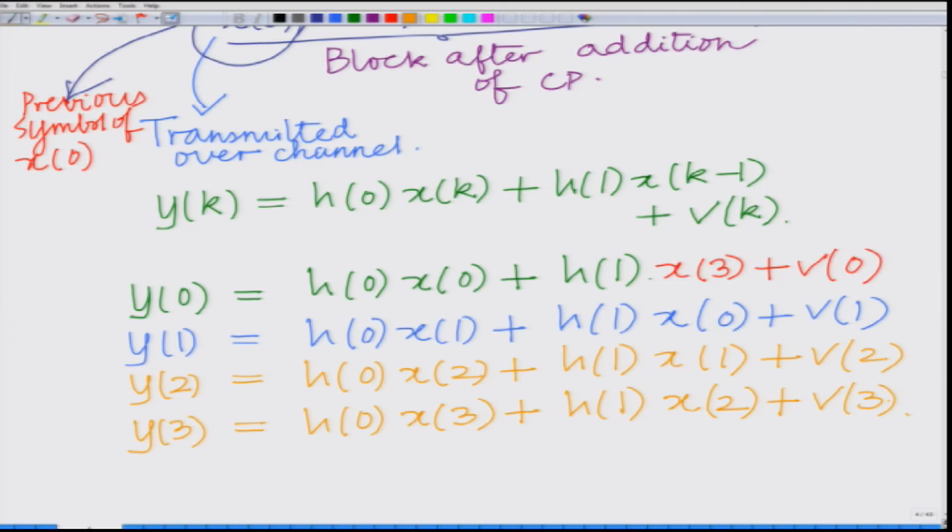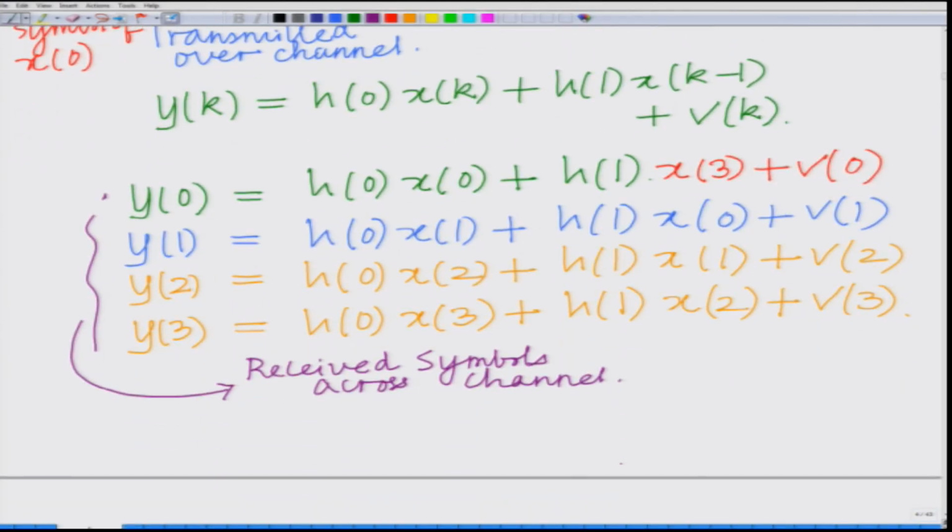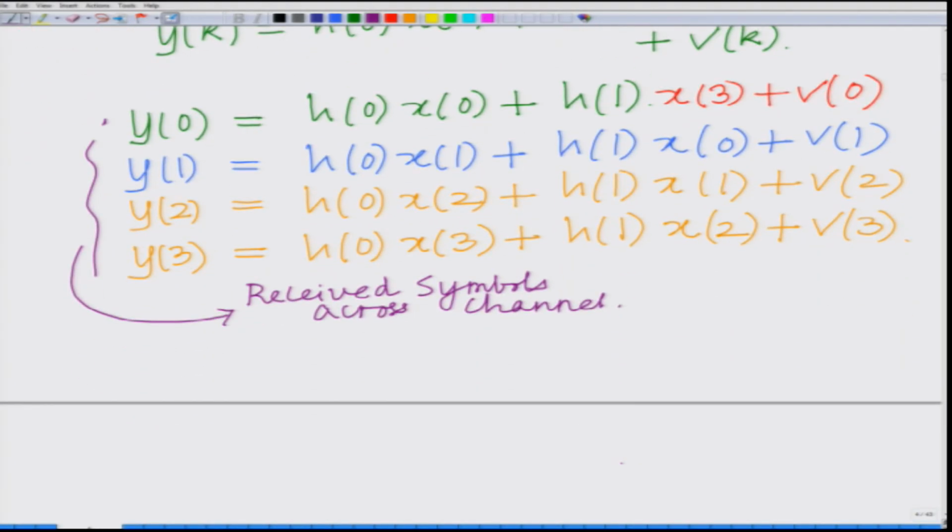This now gives us the received symbols across the channel. So, we have the small y0, small y1, small y2, small y3, which are the received symbols.